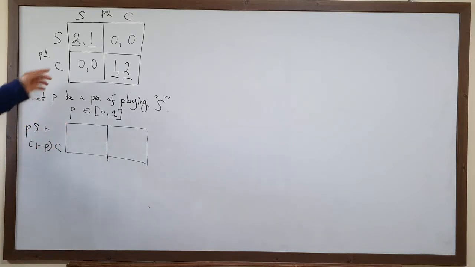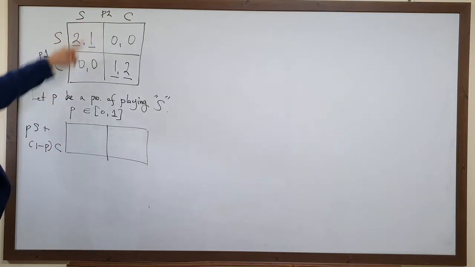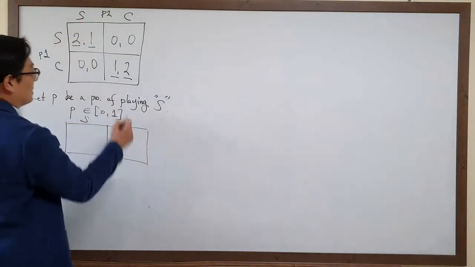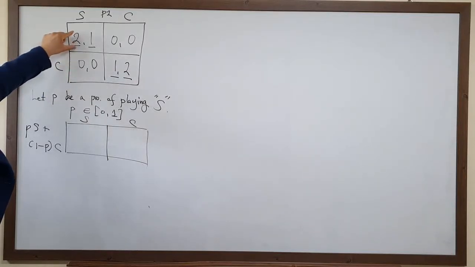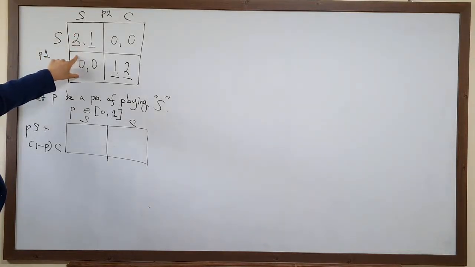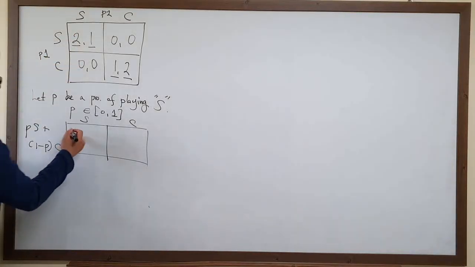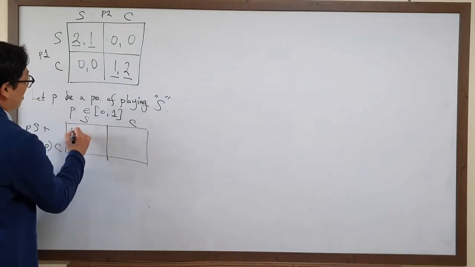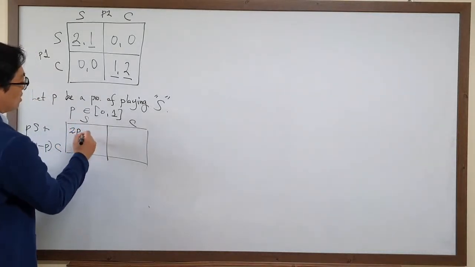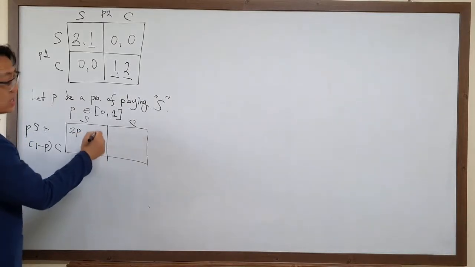Say differently, when player 1 is choosing S and C, if you are playing this strategy, the possible payoff is 2 with probability P and 0 with probability 1 minus P. So in this case, first player's payoff will be 2P plus 1 minus P times 0.